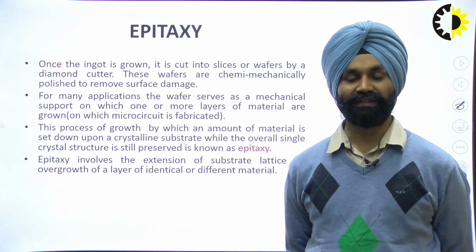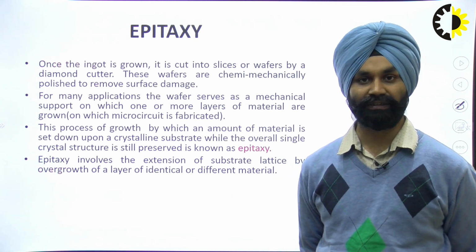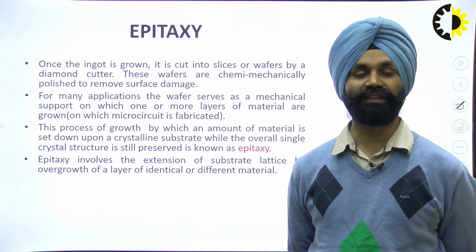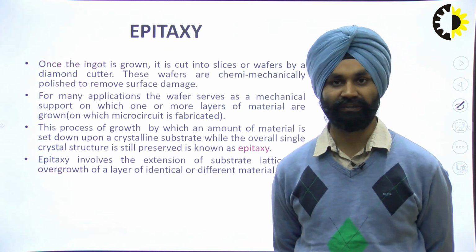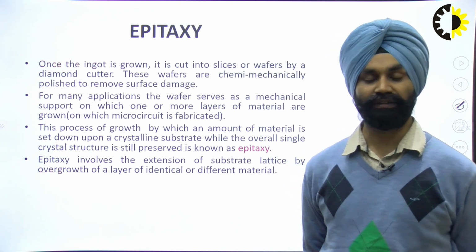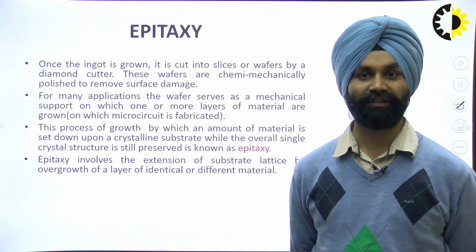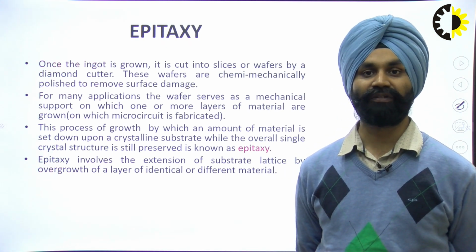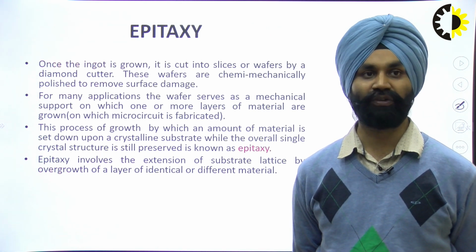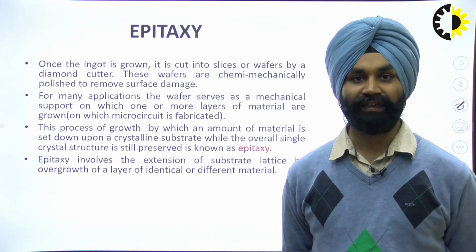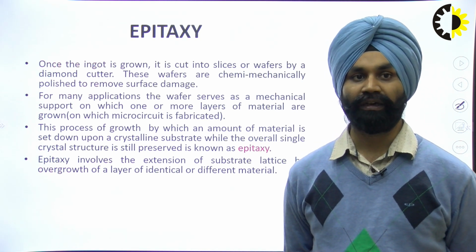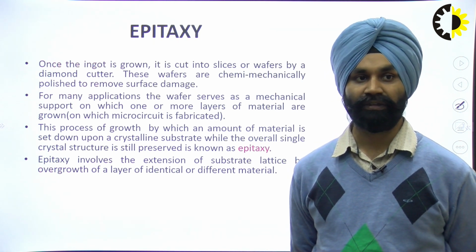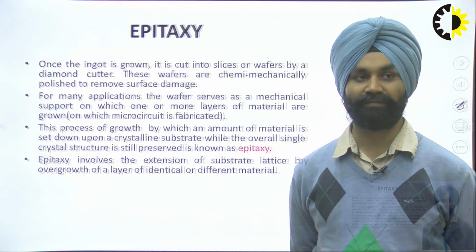In the previous lectures, we have seen ingot formation that we have done in the first 4 lectures. We have discussed wafer preparation through ingot. Then this wafer is again grown by another layer, which is known as the epitaxial layer.